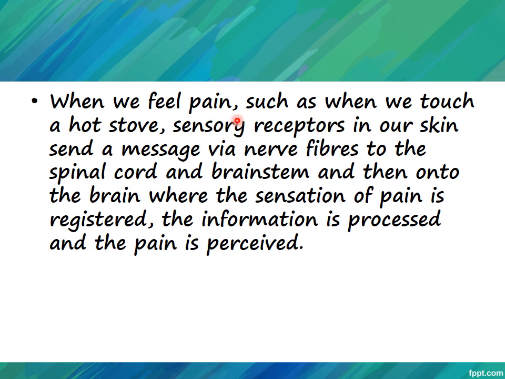So if we feel pain, such as from the pain receptors present on our fingers, whenever we touch a hot stove, the sensory receptors in our skin start sending messages via nerve fibers to the spinal cord and brainstem, and as a result, the brain where the sensation of pain is registered will start processing the information and making a decision, and when it perceives this pain sensation, it will respond accordingly and give an involuntary action, that is a reflex action.